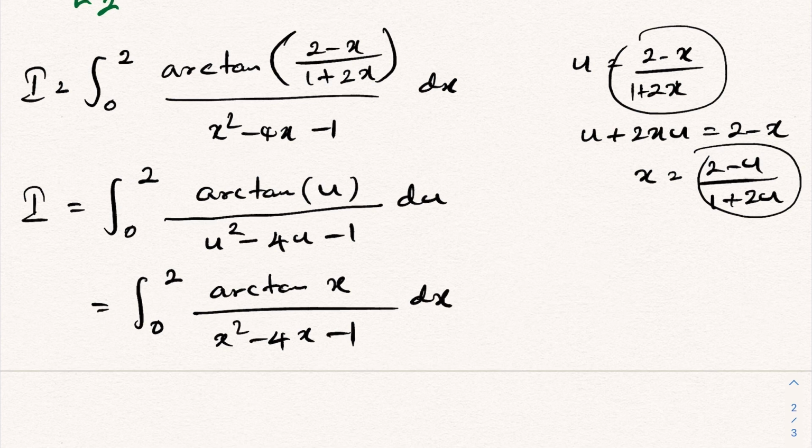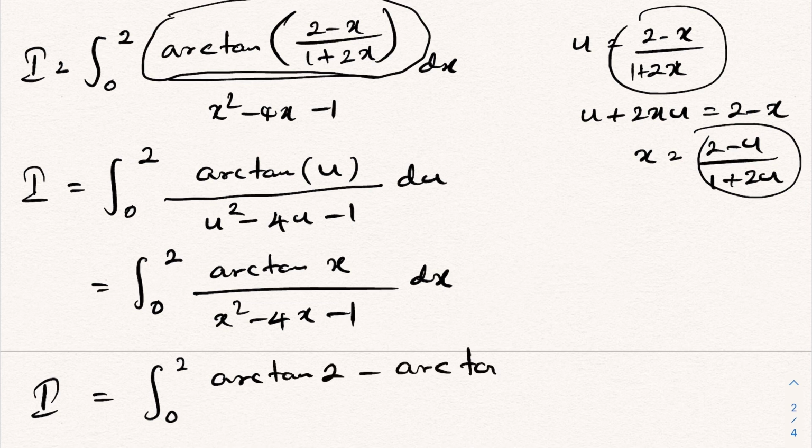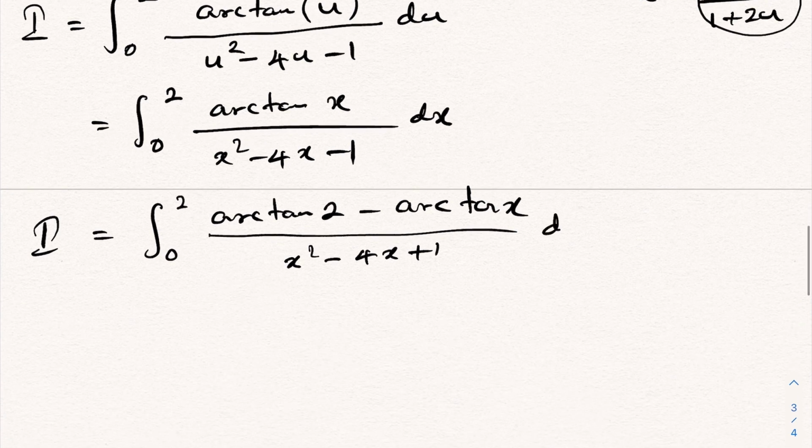Okay, then we know arctan of (2 minus x) over (1 plus 2x). Using the arctan trigonometry formula, we can write this is also equal to, so I is also equal to, the integral from 0 to 2 of arctan of 2 minus arctan of x, because this expression is equal to arctan of 2 minus arctan of x, over x squared minus 4 times x plus 1 dx.